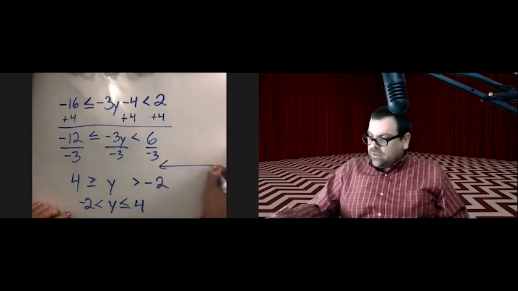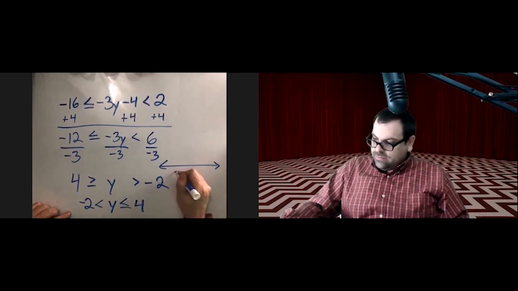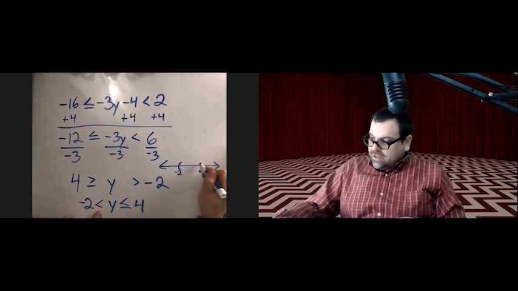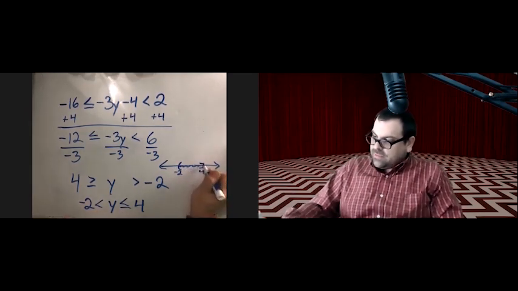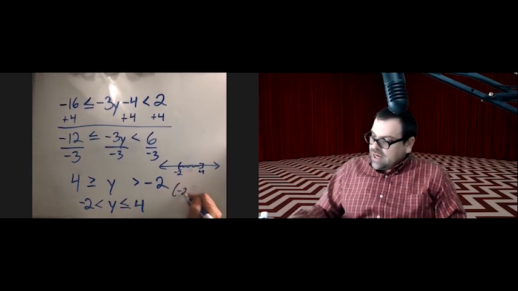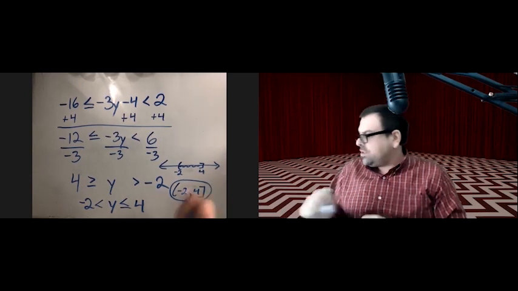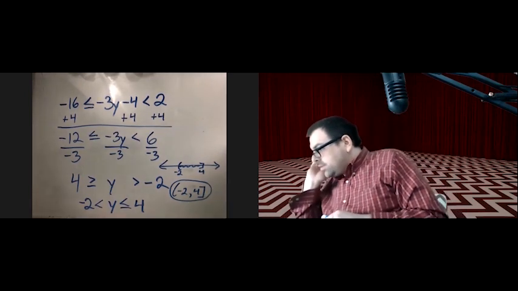If you want to see it on the graph, you can. Between -2 and 4, no or equal to, yes or equal to, and we shade in the middle. In other words, -2 to 4, parenthesis on the left, square bracket on the right.